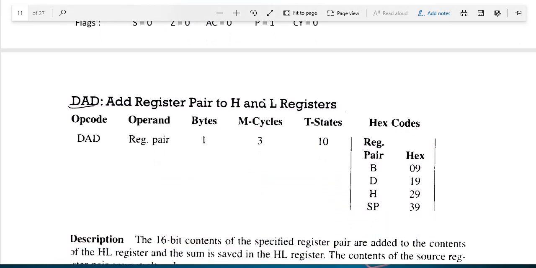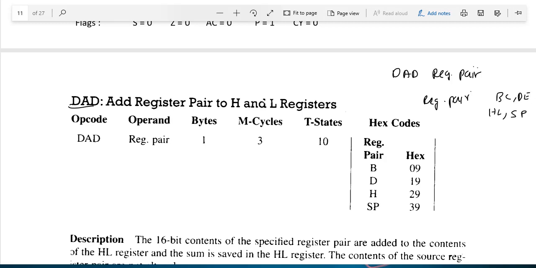So what does the DAD instruction do? It adds the data in the HL register pair with a register pair. Here the register pair will be either the BC register pair, DE register pair, HL, or the stack pointer.